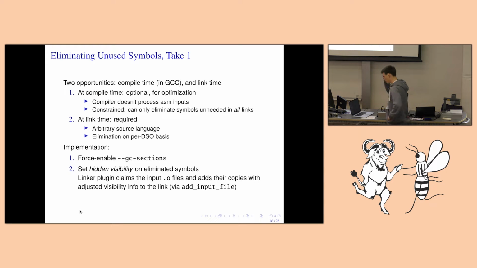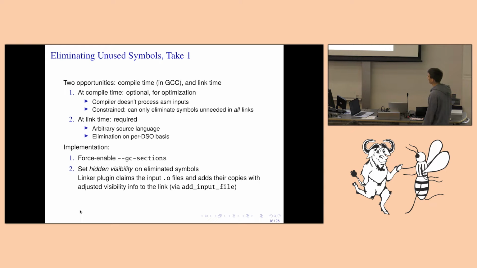If something on which this assembly file depends has been thrown away, we'll end up with an undefined reference, not something that we want. And also, it can only throw away symbols which aren't needed in all of the links, because the object file will be used in all of them.